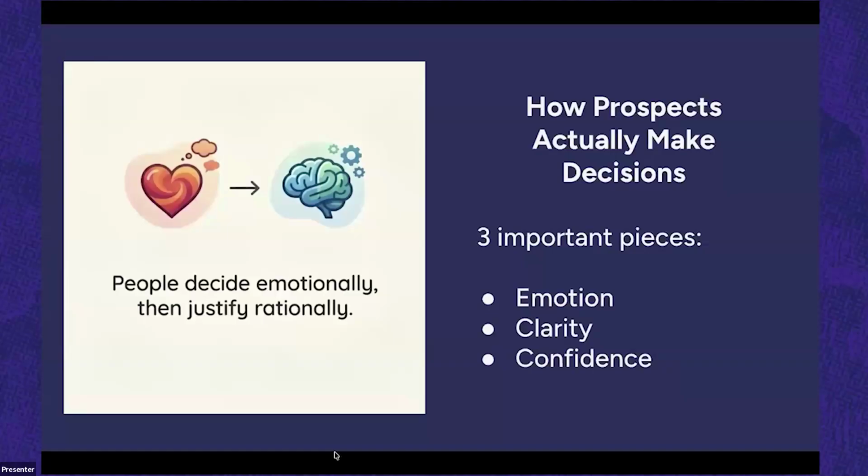So when we're thinking about meeting with prospects, gathering prospects in that sort of marketing and growth funnel, we want to remember a few of those pieces, like speaking to clients or appealing to their emotions and creating clarity and confidence for them. Prospective clients really want that clarity and confidence.